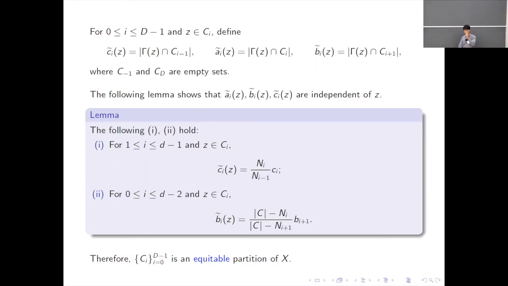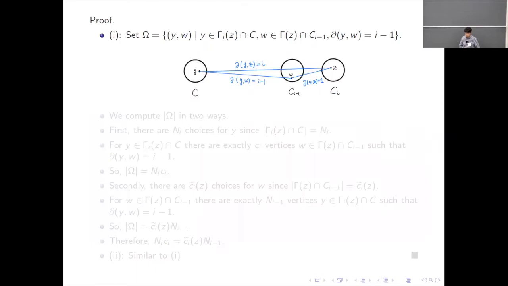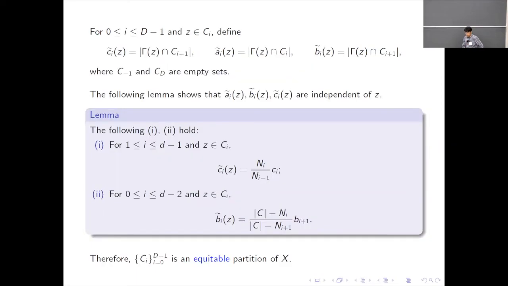So it turns out that our partition is equitable. What does that mean? Given two cells, say C_i and C_j, the number of neighbors of z in C_j is constant. It does not depend on the choice of vertex, only on the index. So here is the proof. I'm going to prove part 1.